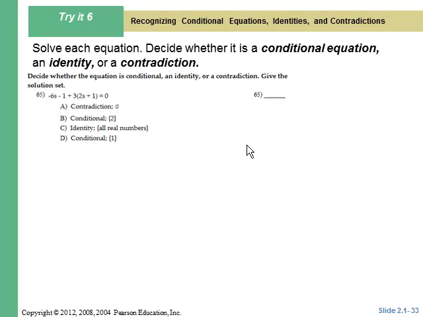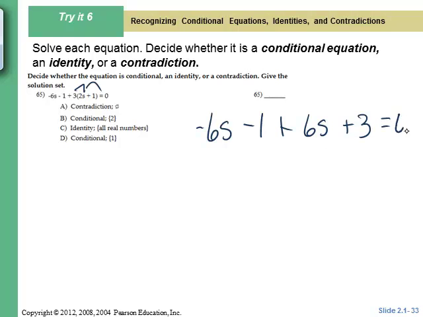Okay, you try this one, and when you're done, I'll show you how I did it. Okay, so negative 6s minus 1 plus, I'm going to multiply this out here. 3 times 2s is 6s. 3 times 1 is 3 equals 0.